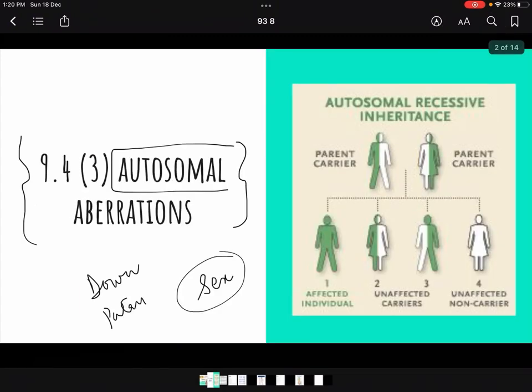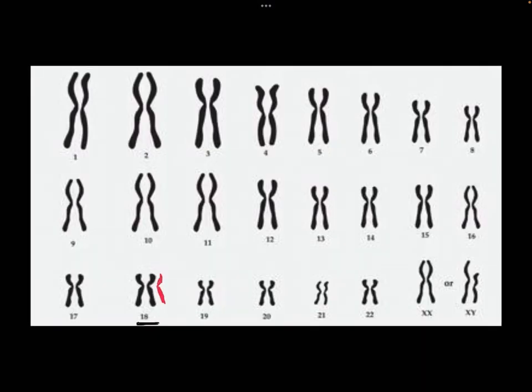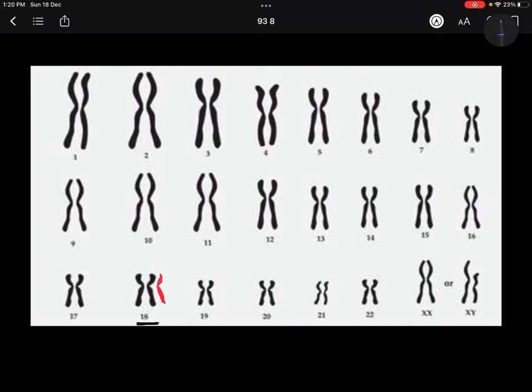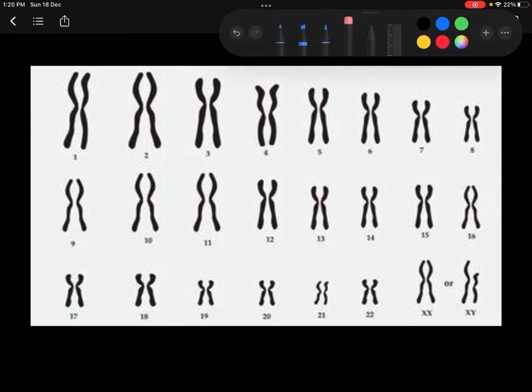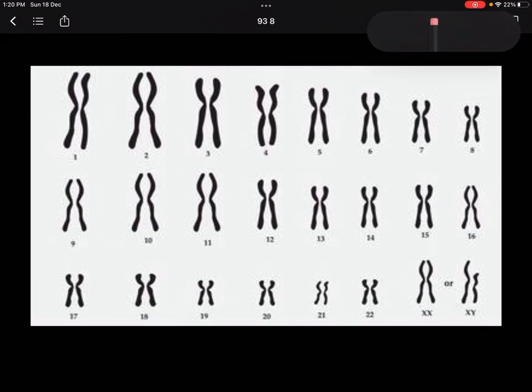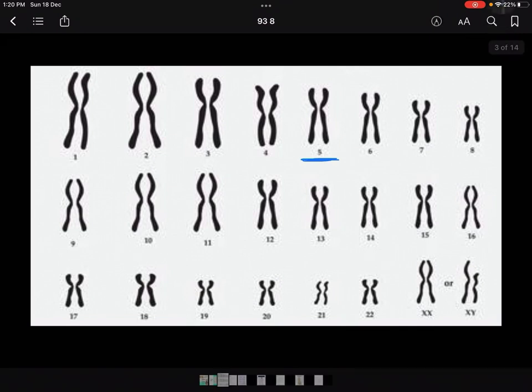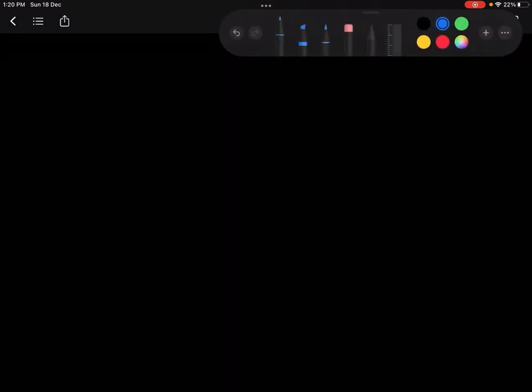Now what happens? For example, this is the normal karyotype. Let me just rub this. Now this is chromosome number 5. It should have looked like this. But what happens is, let me now draw that. Suppose this was chromosome number 5. It should have looked like this in the normal case.